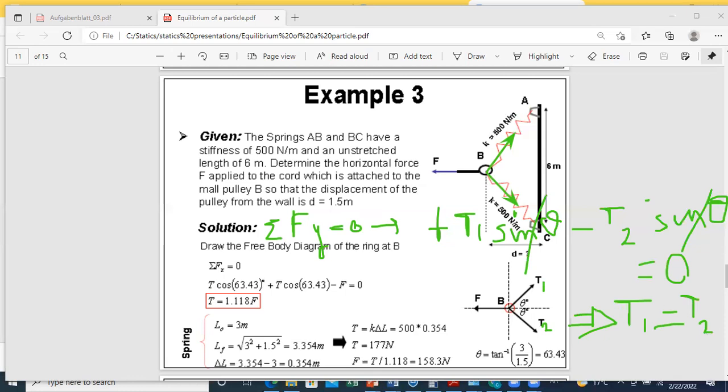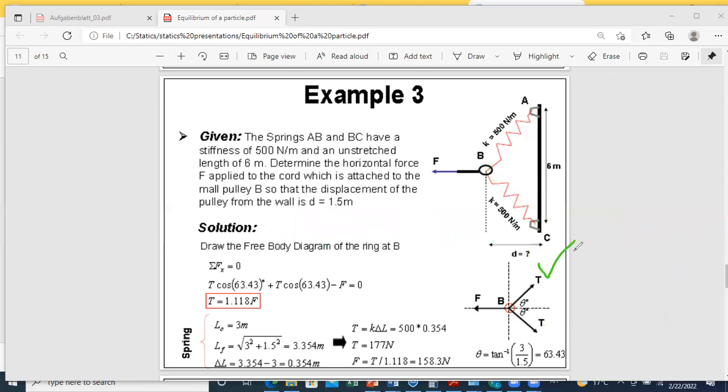Now, what is my tension? As you said, it's K delta L. So this is how I can calculate T: T is K times delta L. So now my only unknown is F. To get F, I project now along X. Since I have an equilibrium condition along X, I can write that sum of X is equal to 0.